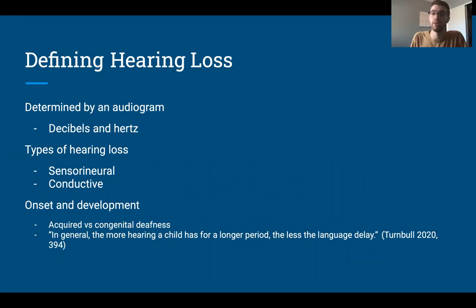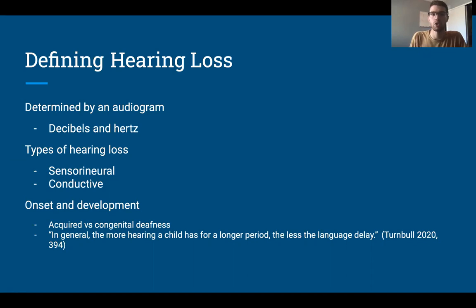When looking at the onset of hearing impairment, there is acquired and congenital deafness. This means that students with an acquired hearing loss experience it later on in life or shortly after birth, whereas congenital deafness is when a student is deaf from birth.